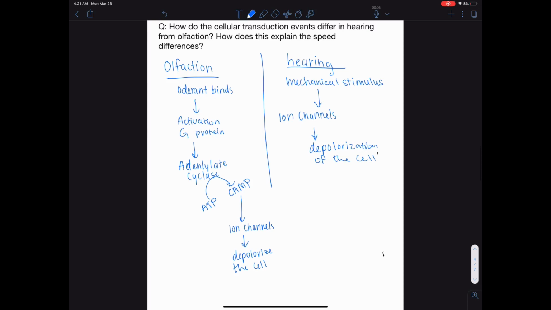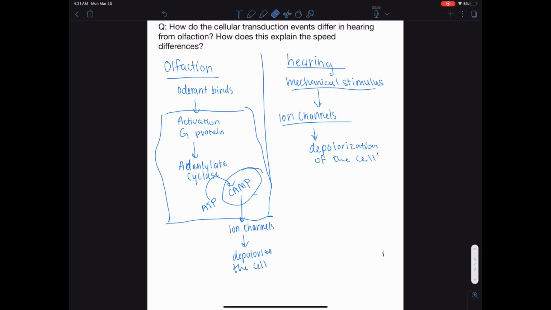How does this explain the speed differences? In terms of signal transduction, olfaction has a secondary signal that it has to go through. All of these steps are to activate the secondary signal that then goes on to activate the ion channels. In hearing, you have a direct activation of the ion channels with a mechanical stimulus.